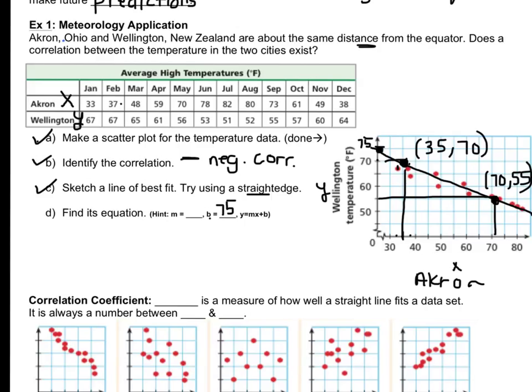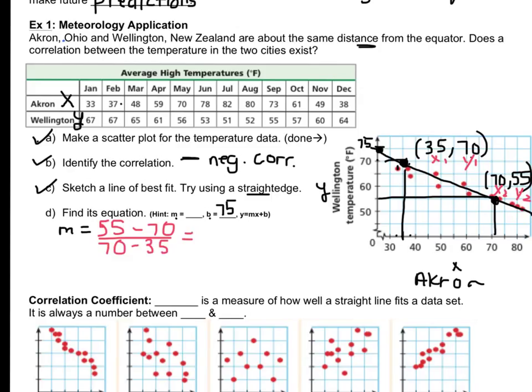So let's plug those into the slope equation. So we'll take the y's and subtract them. So I'm going to label, like I told you to do, x1, y1, x2, y2. So we'll do 55 minus 70, and then we'll subtract the x's. We'll do 70 minus 35.